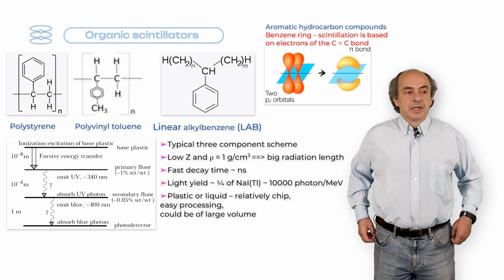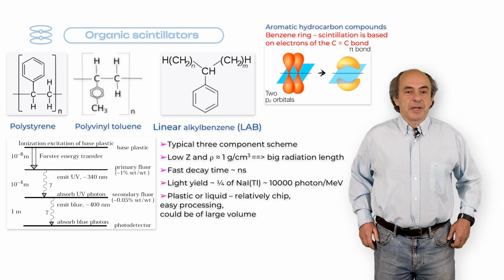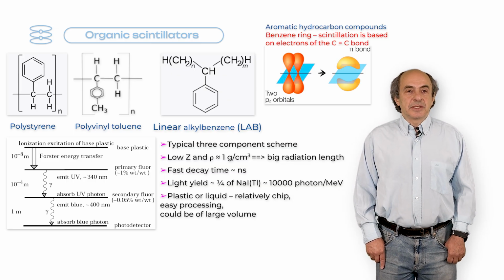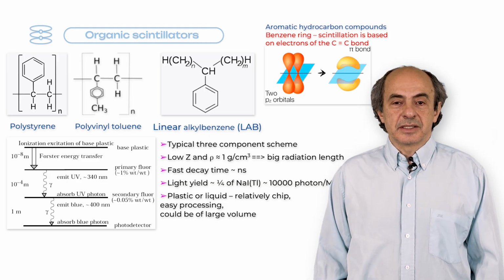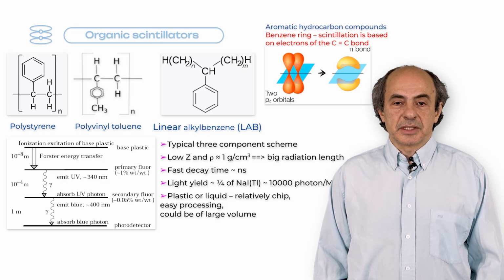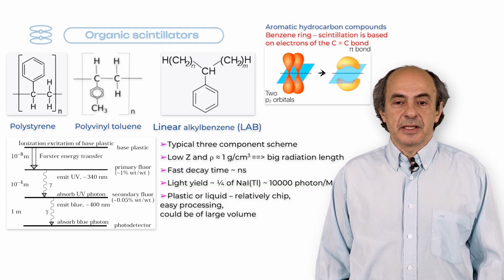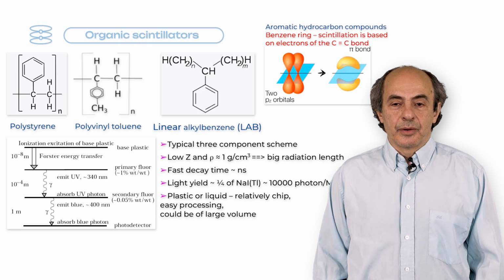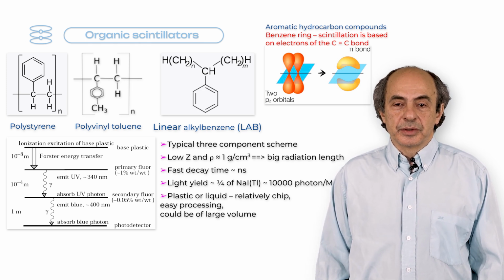The second fluor has 20 times less concentration, and light emitted by this fluor can already travel through the plastic. You see that organic scintillators are made basically from two elements, carbon and hydrogen, which are light elements, so low Z and low ρ, like the density of water, with big radiation lengths.